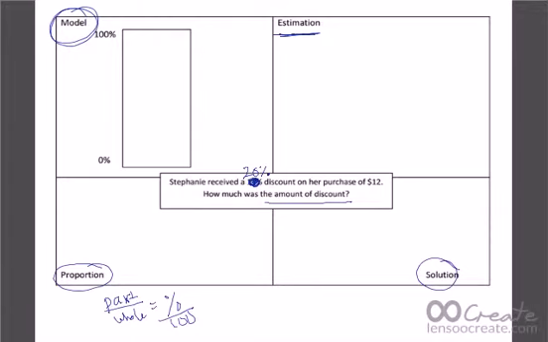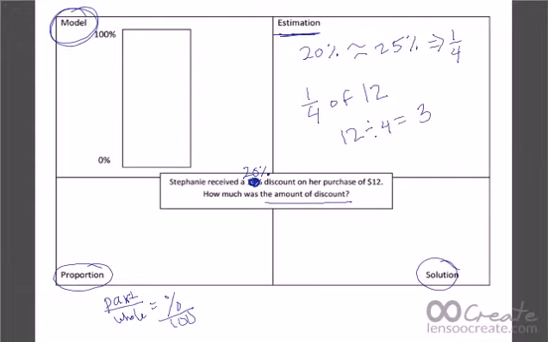estimation. Okay? So thinking about 20%. Well, 20% is about what? Well, it's kind of close to 25%, right? Which is 1/4. Okay? So if I was going to think about 1/4 of 12, if I was going to divide 12 by 4, well, that's 3.